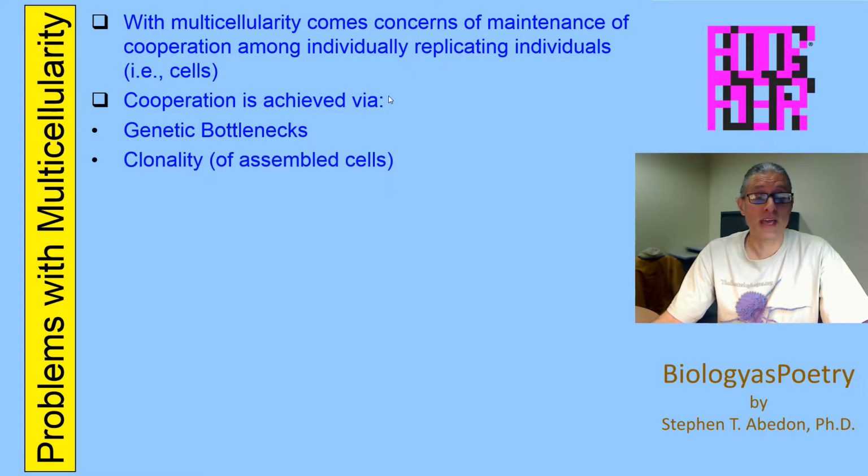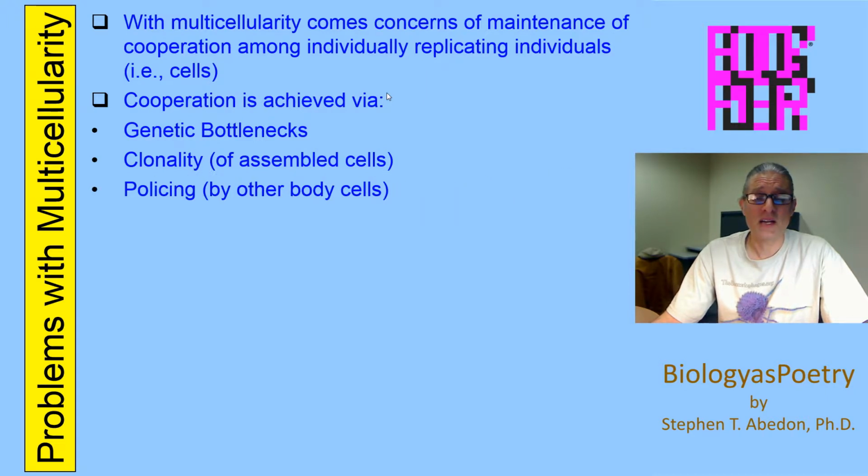It's important to have clonality among the cells that make up microcolonies or other groups of cells, or again, if you have a group of animals that are interacting cooperatively, that at least they be closely related, which in fact is something you see among the social insects.